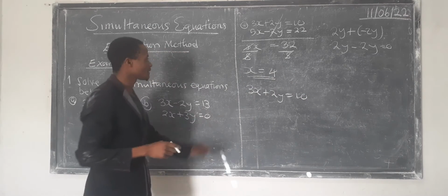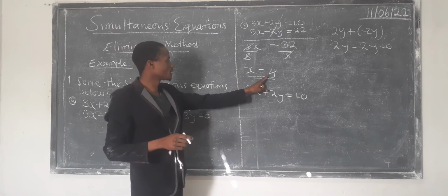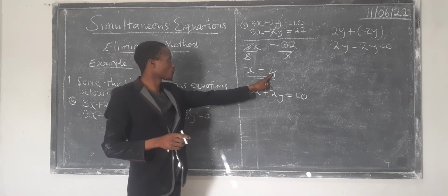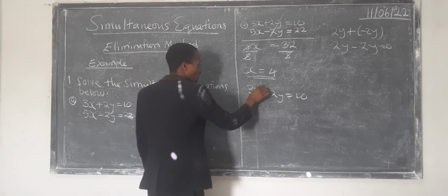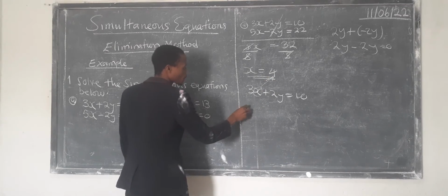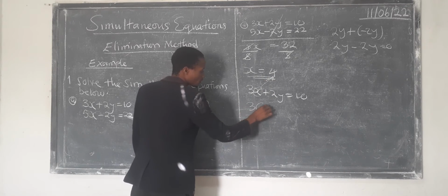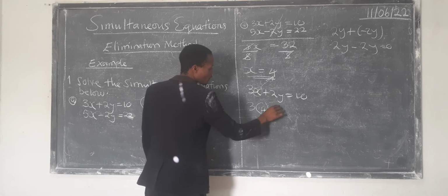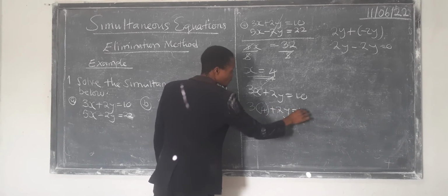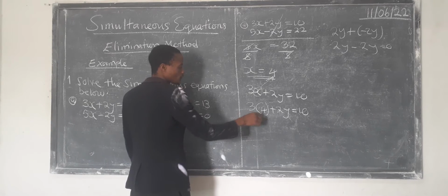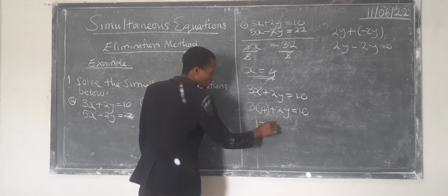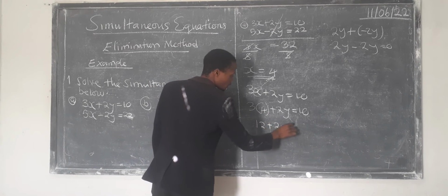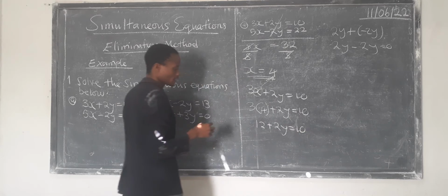Where there is x, we substitute the value of x, which is 4. So I have 3, open bracket 4, plus 2y is equal to 10. 3 times 4 is 12, plus 2y is equal to 10.